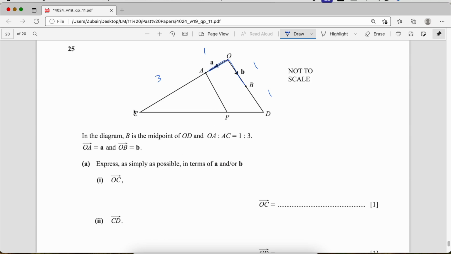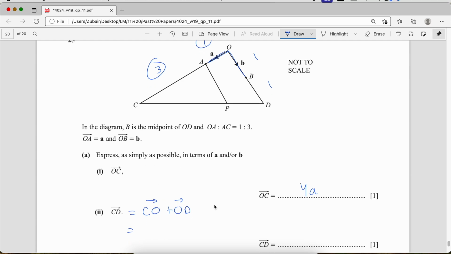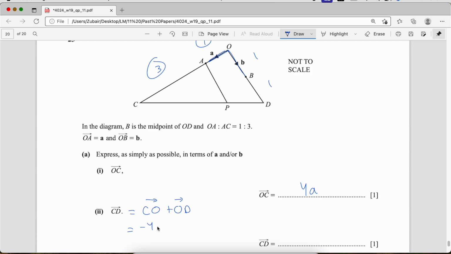From O to C, we can see that was 1 and that was 3, so this complete length is going to be 4a. For CD, I'm writing CO plus OD. Now OC is 4a, so CO is going to be negative 4a and OD is 2 times b, so 2b minus 4a.